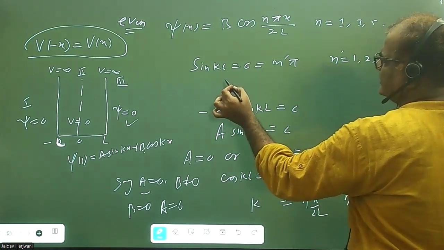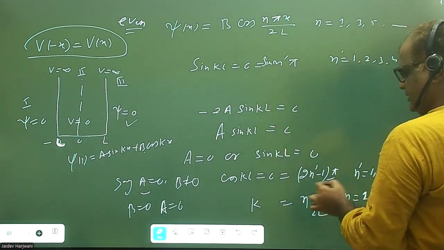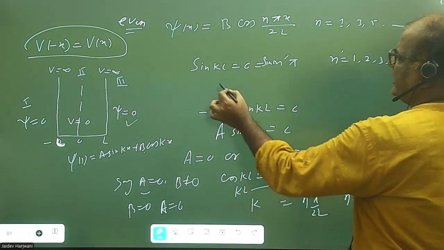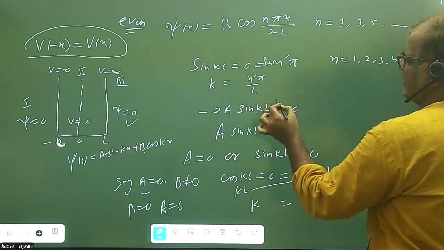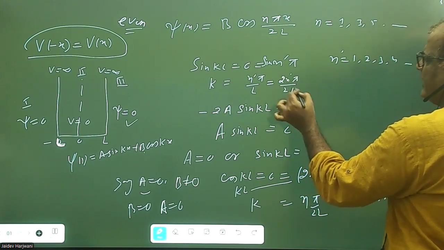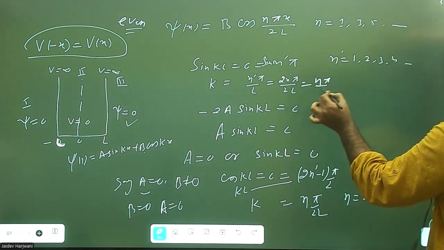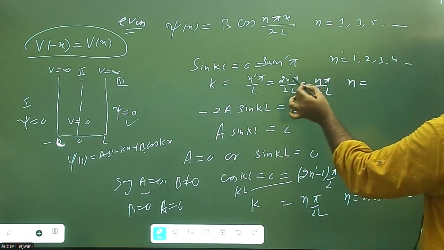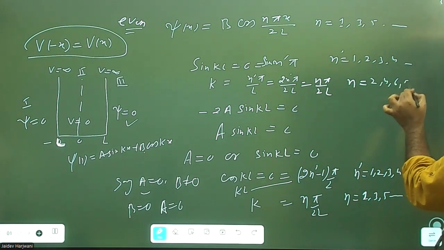So k will be n dash pi upon L, and I write this as 2 n dash pi upon 2L. Taking 2 n dash again as n, this becomes n pi upon 2L, where n is now 2, 4, 6, 8, even.